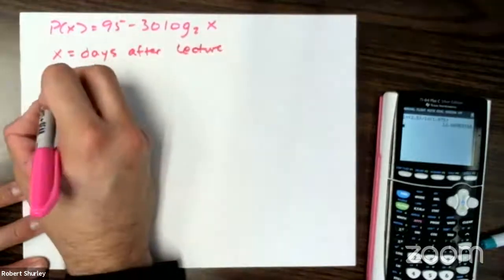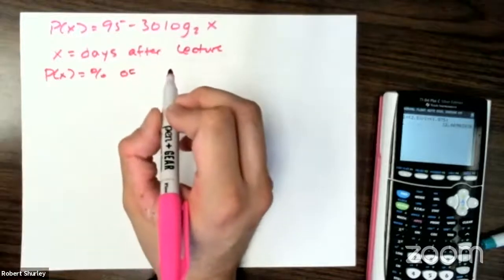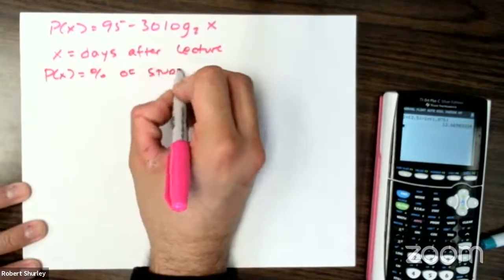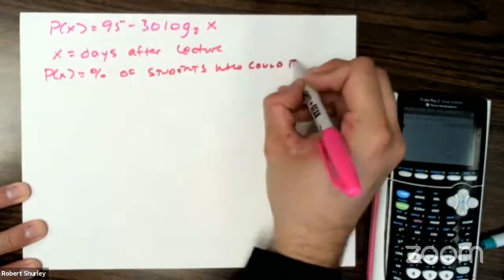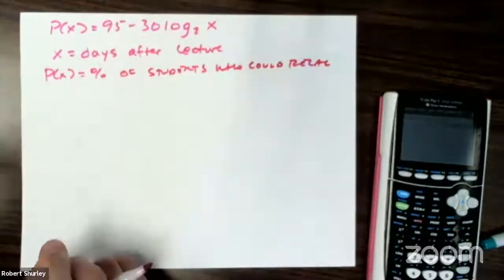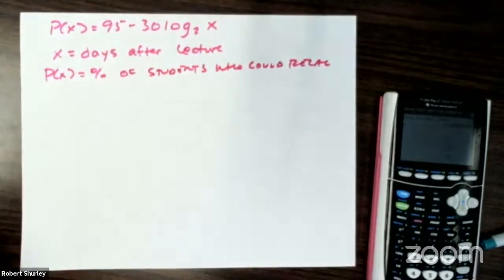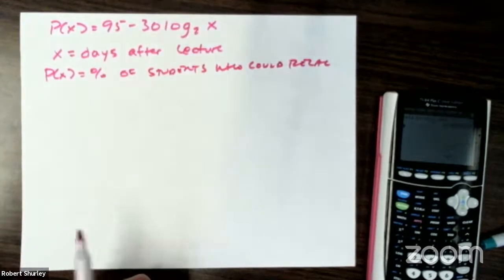And p of x is the percent of students who recall the important stuff from the lecture. And it gives you a graph of it at the bottom of page 491. This is number 117 and 118.